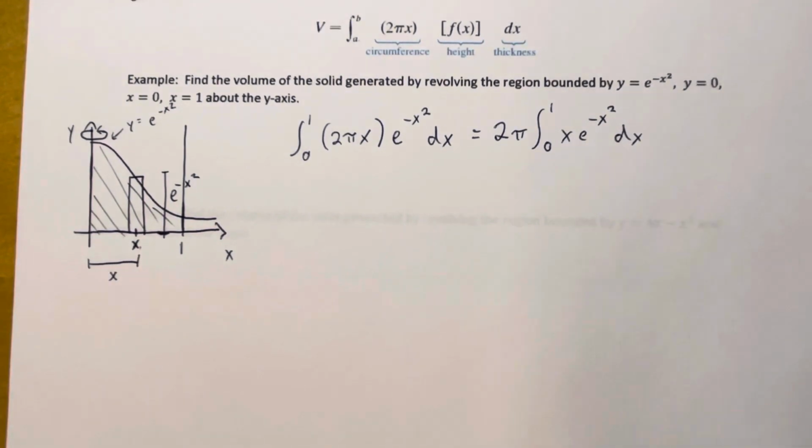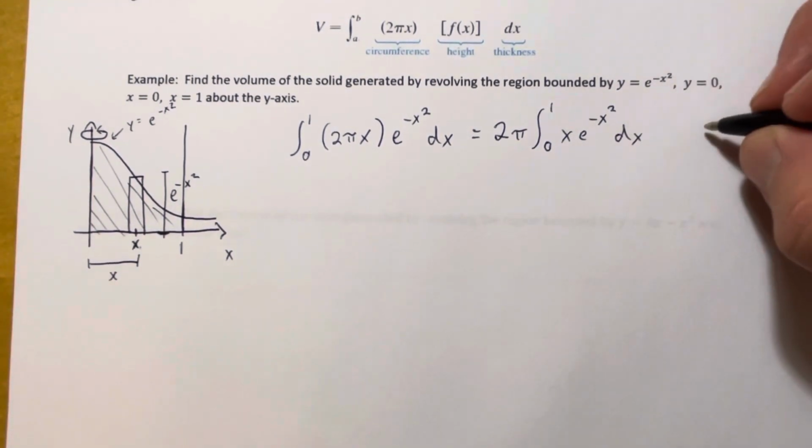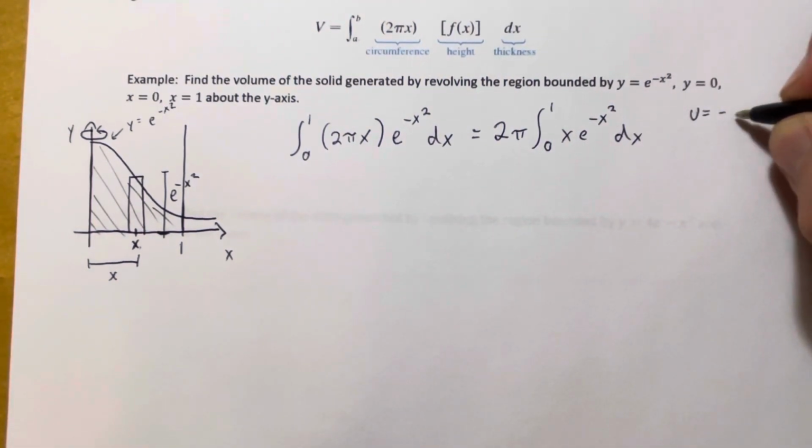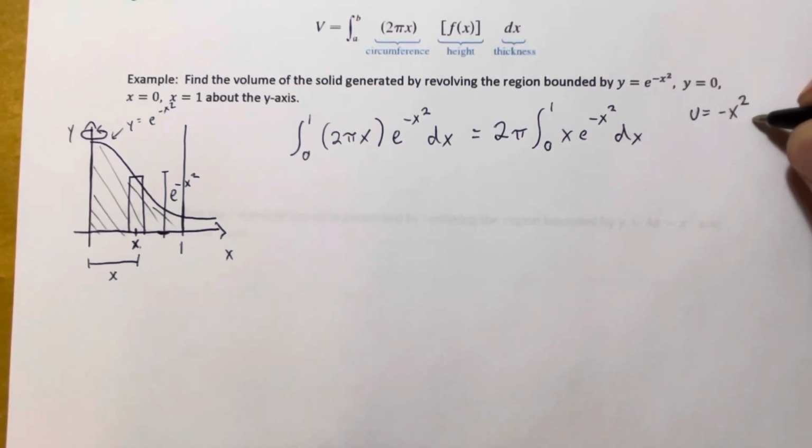Okay, this is a classic example of an integral that requires a u substitution. And hopefully you can see that our u should be negative x squared, which means du is going to equal negative 2x dx.